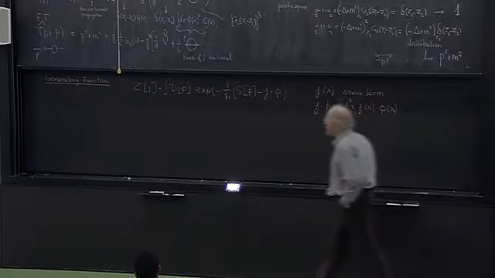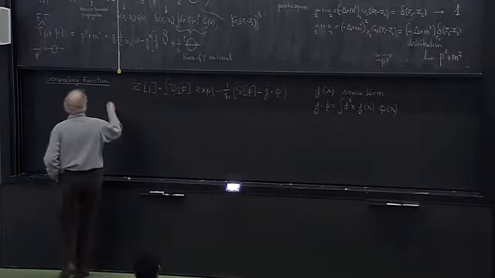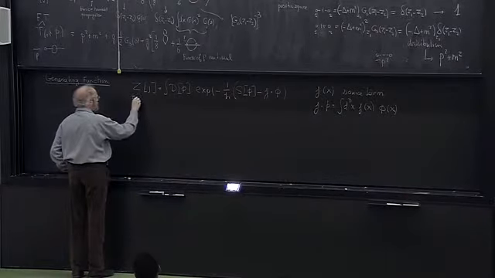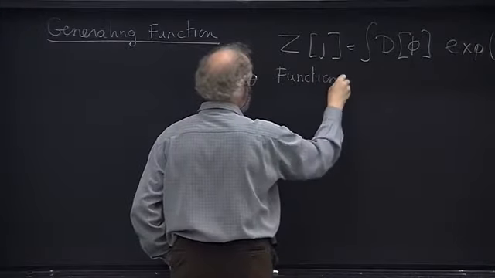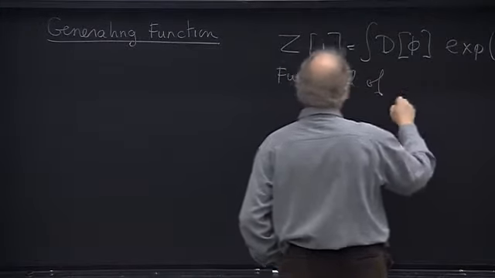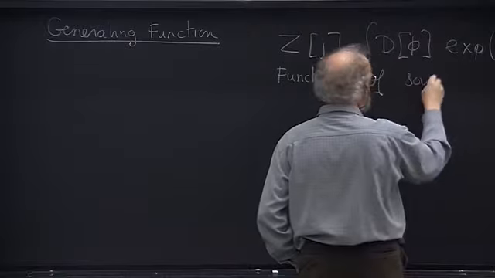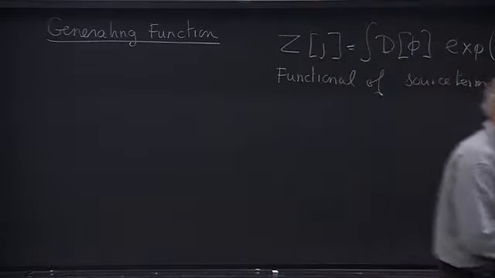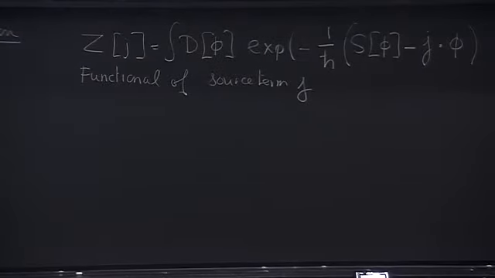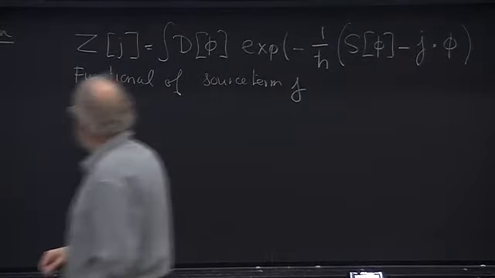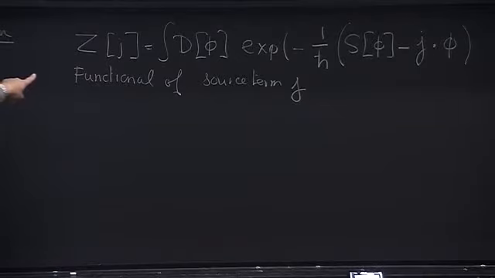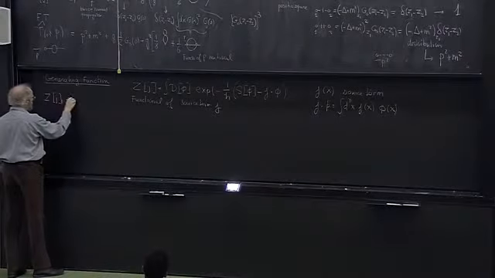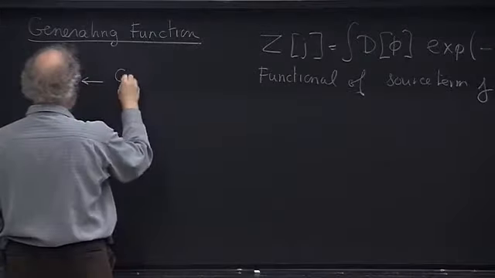So this is a functional of the source term g, the source function. So this object is in fact the generating function. Z is a generating function associated to correlation functions.